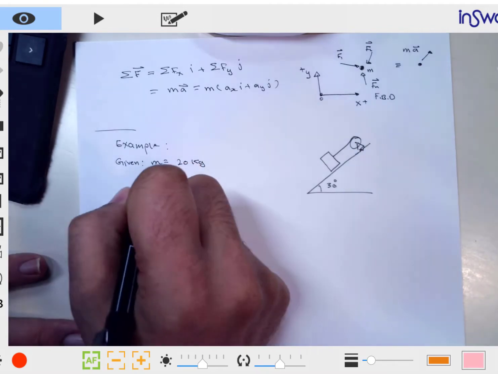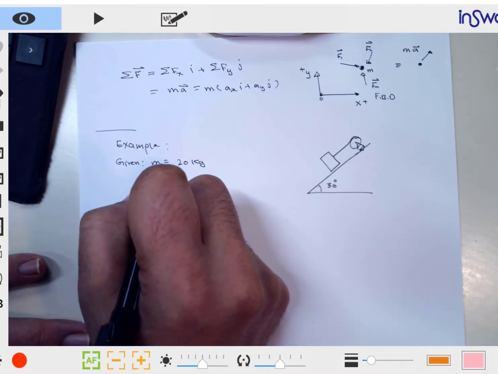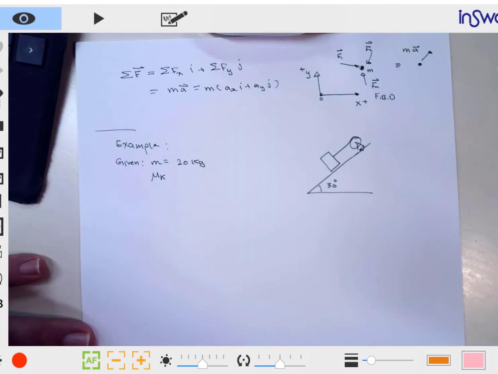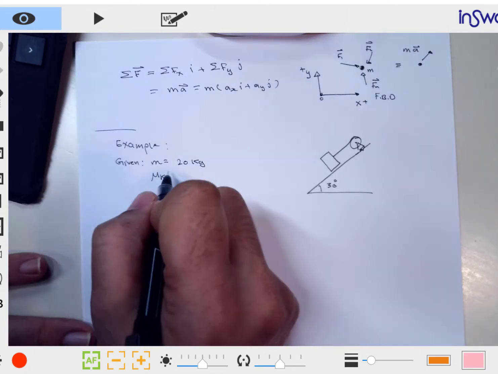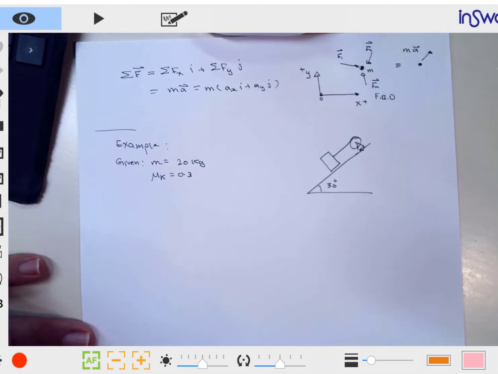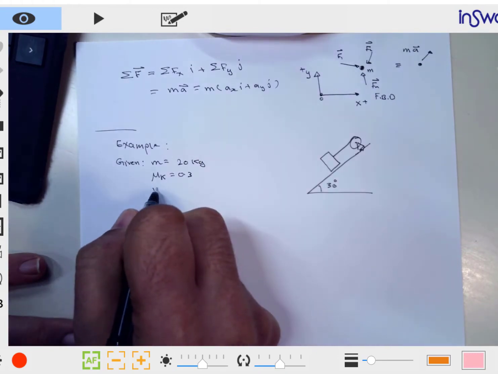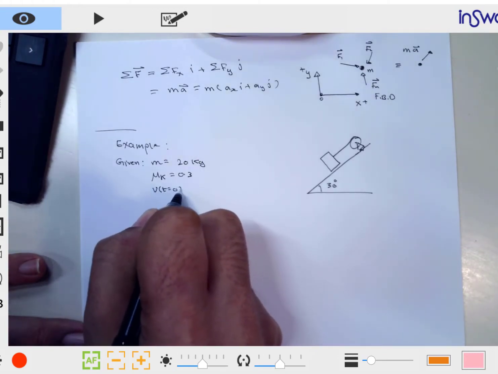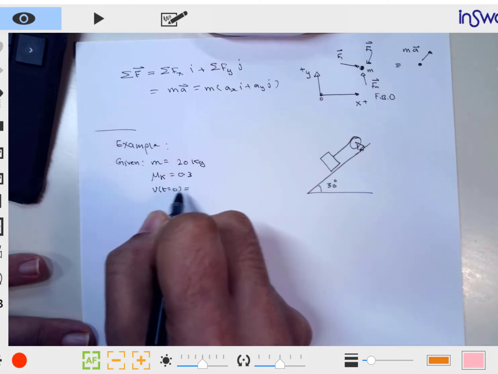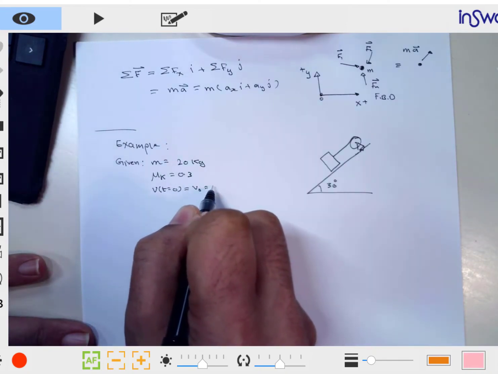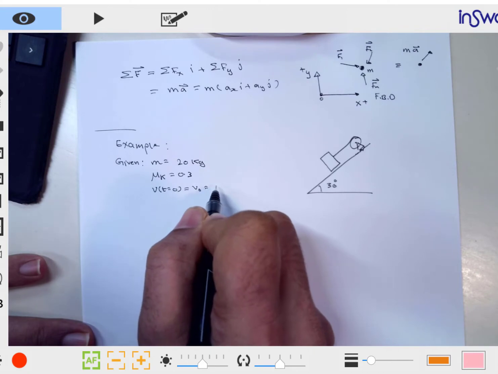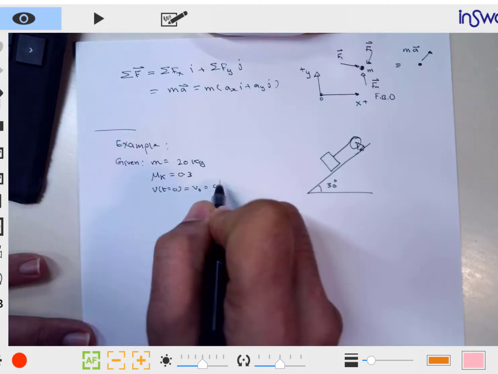Given the dynamic friction coefficient equal to 0.3, and it doesn't have a unit. We're also given that initially, at time equal to 0, this box has zero velocity and starts from the rest position.